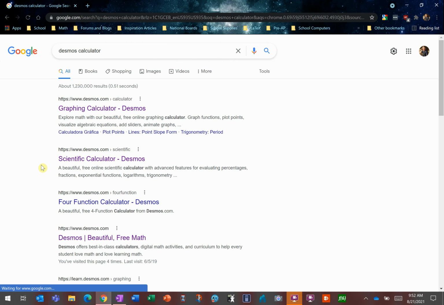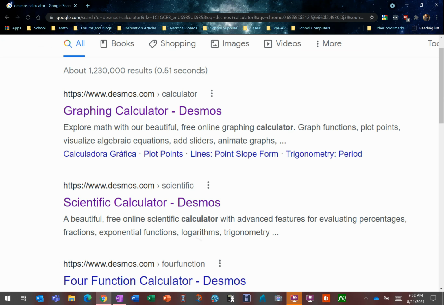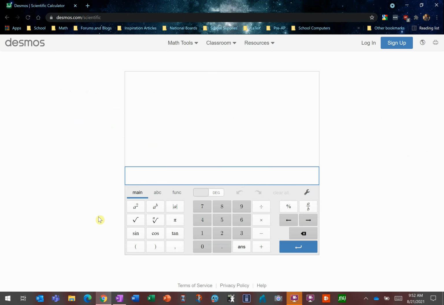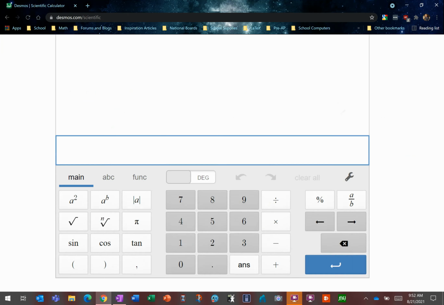When you search for the Desmos calculator, you're going to see two different options. The graphing calculator is something we'll use in this class later on, but we're not going to use it yet because we're not doing any graphing. We're just going to pull up the scientific calculator. So if you're on the App Store, I would search for Desmos Scientific Calculator, and then check it out. You may have to download it. If you're in your browser, it looks like this.